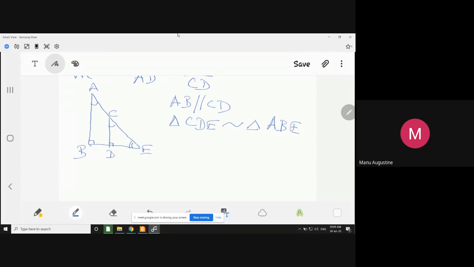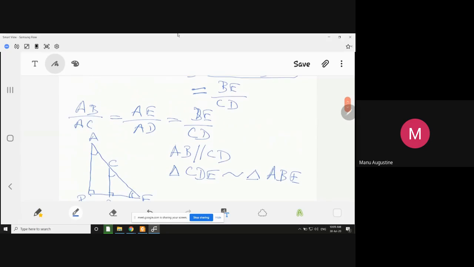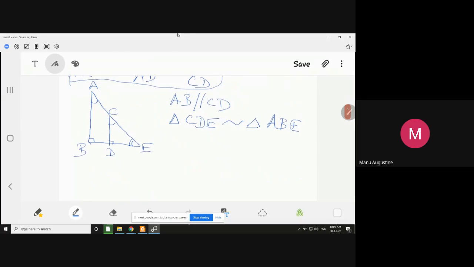Now, since these two are similar, I automatically have this kind of relationship. This kind of relationship, or the ratio of sides, you can automatically develop for this triangle also. But now I want to develop some other relationship. Let us see what other relationship can be derived from this. Now look at the relationship that I am writing very carefully.